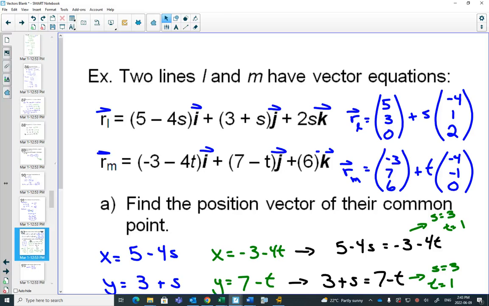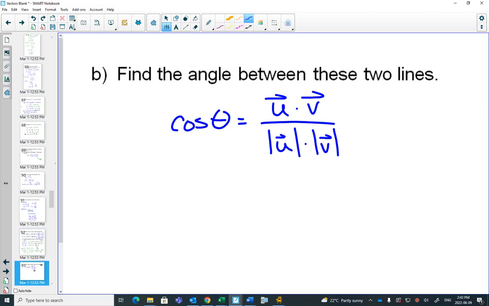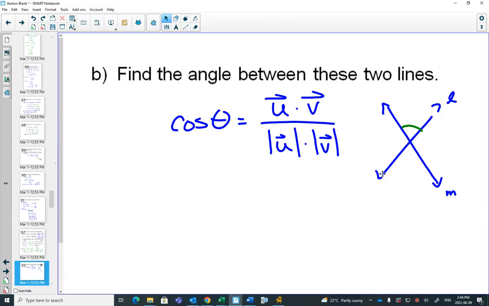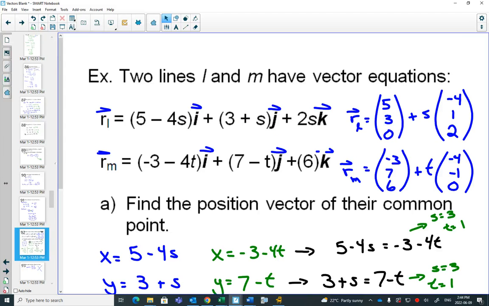So what we know is that line L and line M, they do intersect, and there's an angle in between them. But which vectors do we use for u and for v? The correct ones. That is always the best answer.